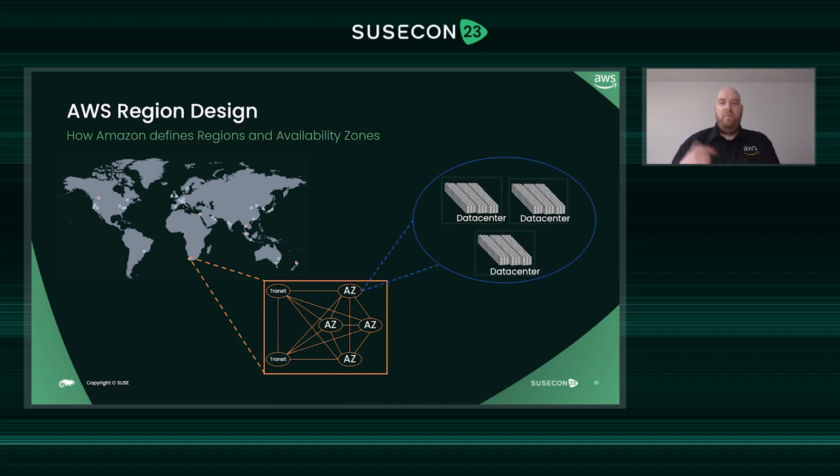AZs are many kilometers apart from each other, although they are all within a roughly 100-kilometer range of each other. This provides high resiliency and low latency. If there is an issue with one availability zone, it's unlikely that this will affect other availability zones in the region.